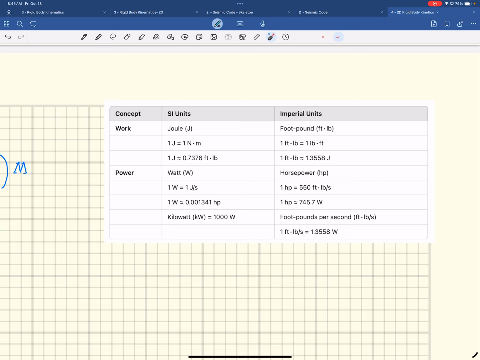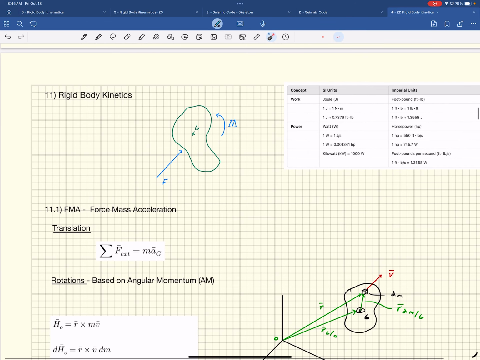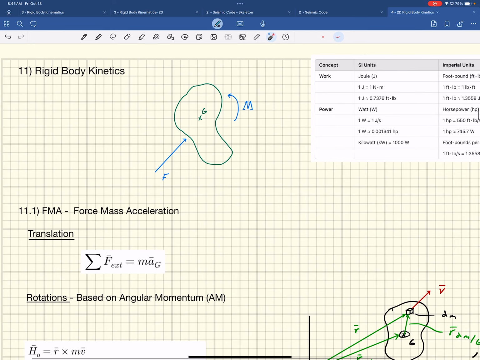Also, side note, what's another unit of energy? Sorry, not power, energy: a calorie. Calories are usually used in terms of thermal stuff, but it has the same units as a joule, and they can be related as well. I did ask Chad to add that, so I have another table somewhere that includes calories as well. But again, we're so dumb for using our units, right?